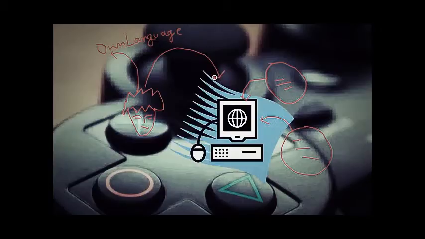So in order to make the computer understand what you are trying to say, you have to know the language which the computer understands. There is a special language called binary, and that is what the computer understands. So in order to make computer programs, you have to know about binary language and the languages which the computer can really understand.